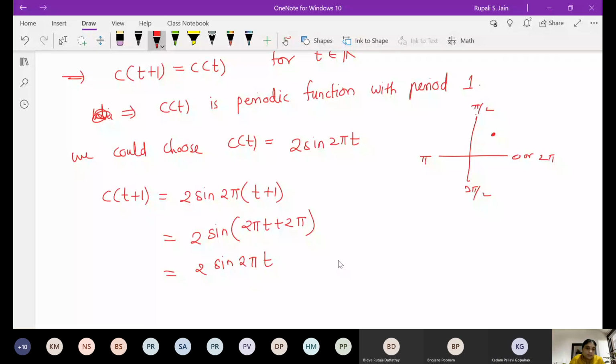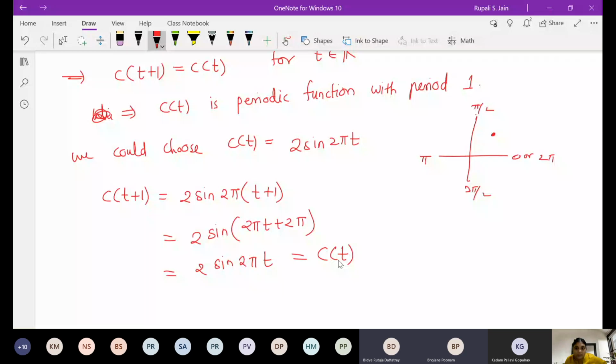So this implies it is c of t. This is a periodic function with period 1. We are getting the same value, right? If I take c at t plus 2, it will be 2 sine of 2 pi t plus 4 pi.